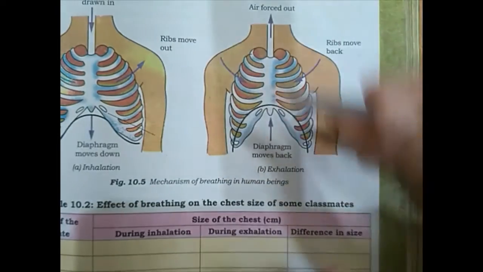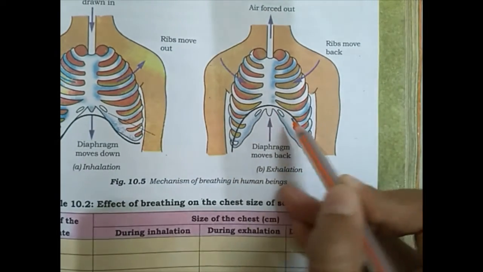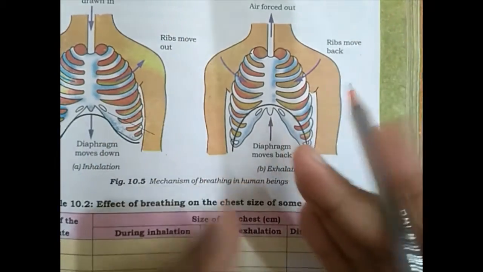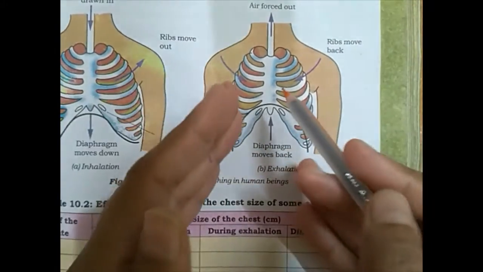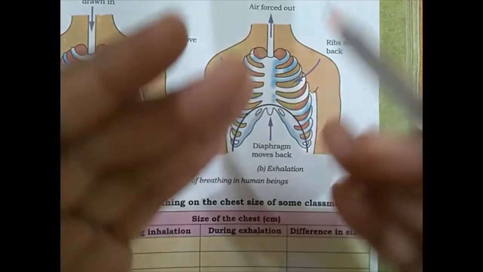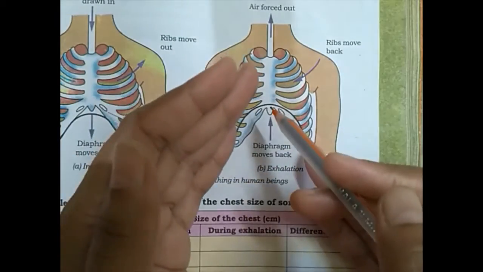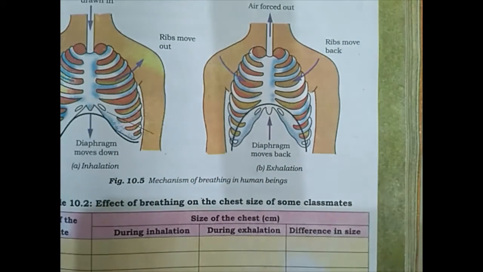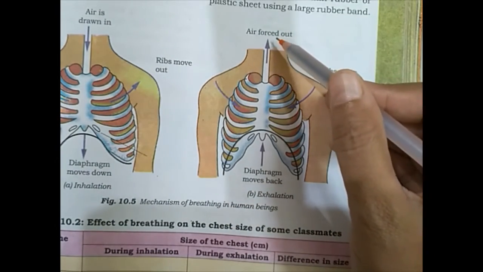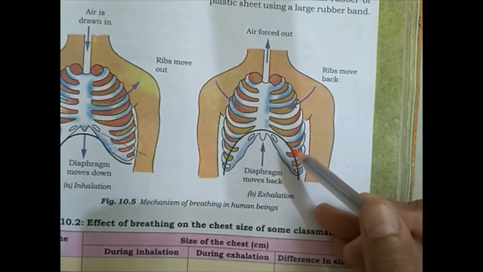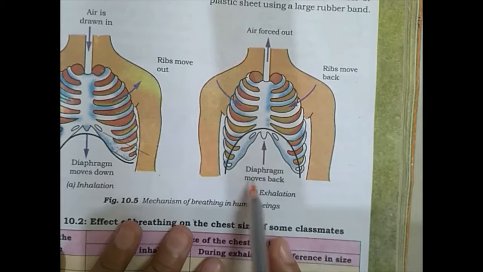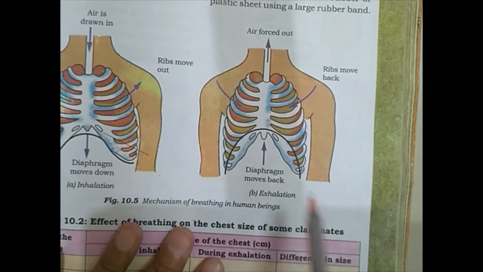The area is minimized and more pressure is created, and as per rule, the air goes from more pressure to lower pressure, so the air will easily get exhaled from the lungs. This is the important role of the diaphragm that we discussed here.